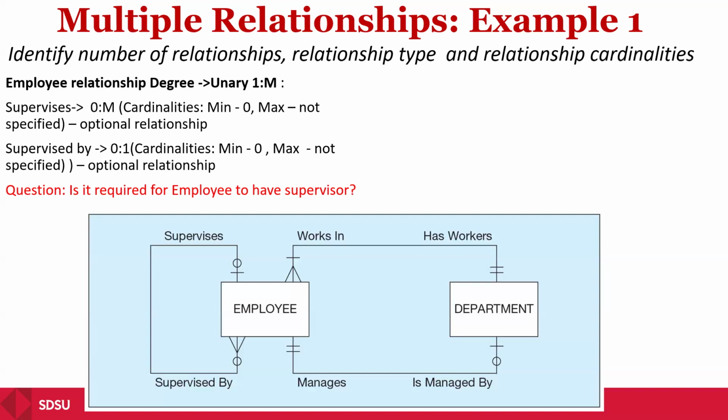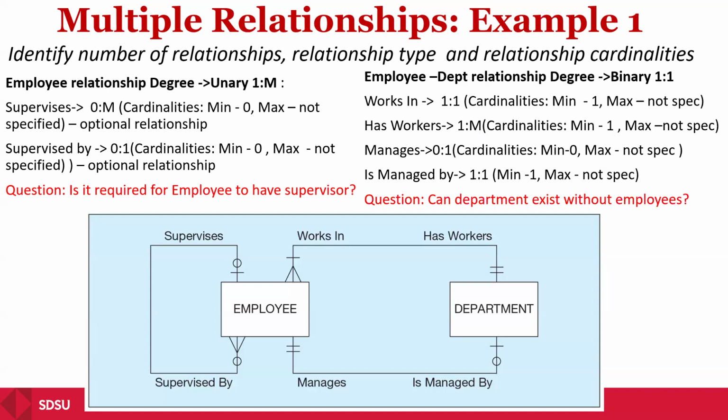We also have two different relationships between employee and department. So employee works in the department. Minimum cardinality here is 1, so it's a mandatory relationship. So a department must have at least one employee in it.